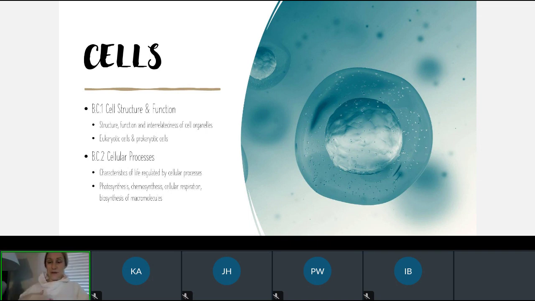The basic unit of life. Yep. All right. That is what a cell is. The basic unit of life is a cell. If anything is alive, it is made up of at least one cell.